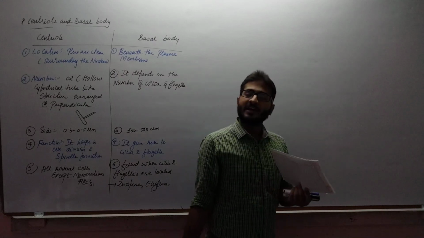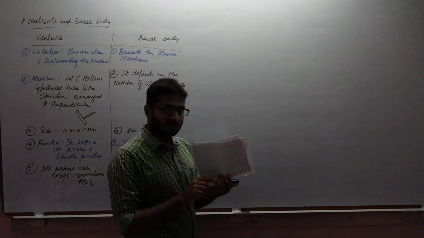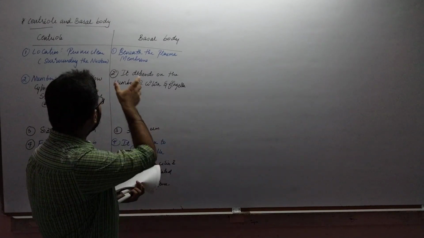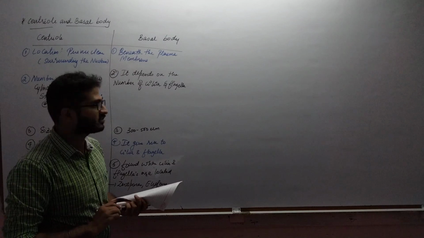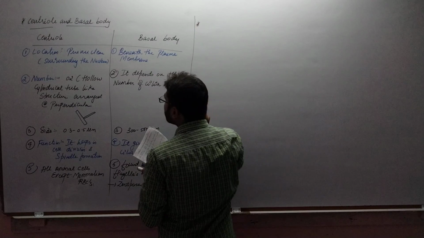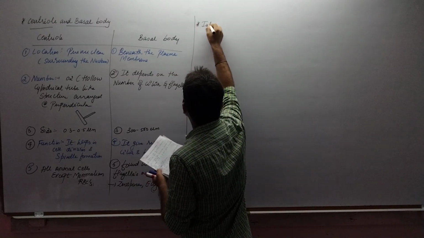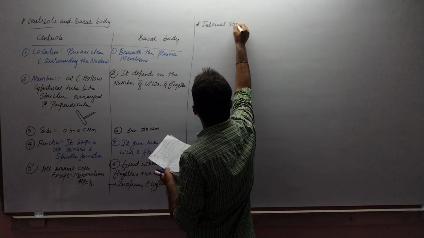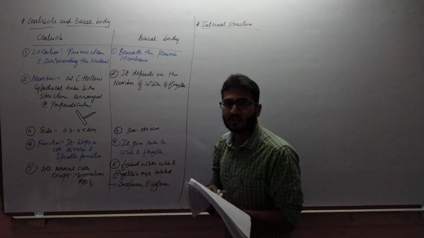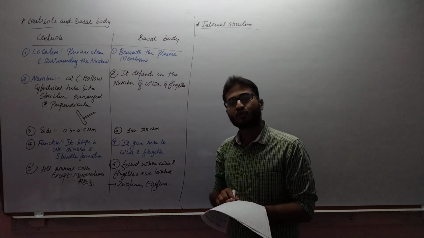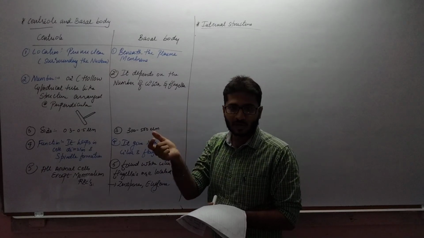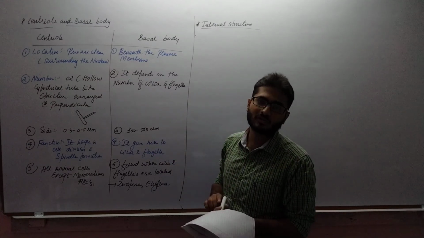Now let us discuss the internal structure of centriole and basal body, which are the same. External comparison points we have already discussed, right? Like we discussed the internal structure of cilium and flagellum, which were made up of tubulin protein protofilaments. In total there were 9 peripheral microtubules and 2 central.